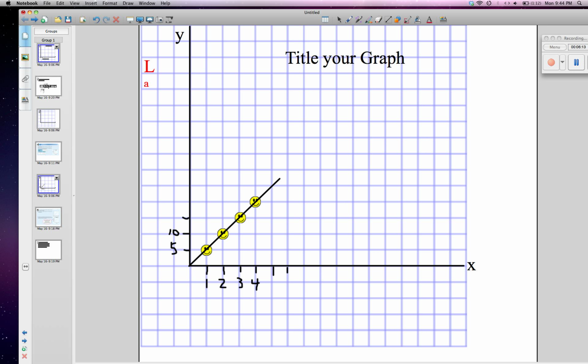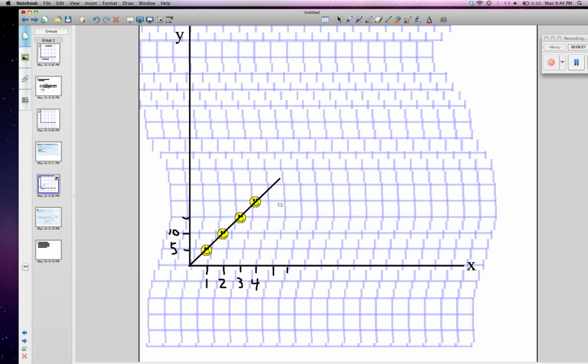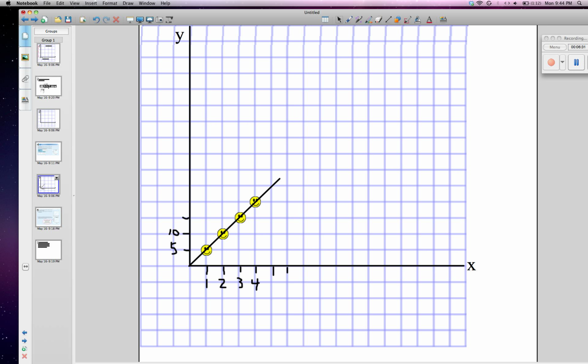Everything here today is about the following: graphs, x-axis, y-axis, taking your table of values and plotting it on your graph, which is what we did. Right here, that's where you plotted it. Sometimes you will have to take your coordinate pair.